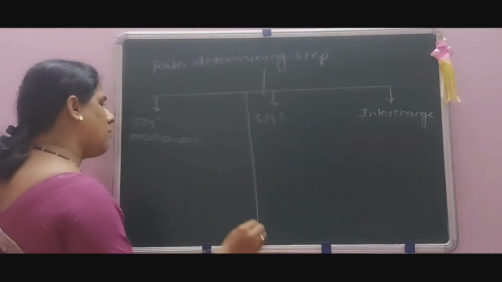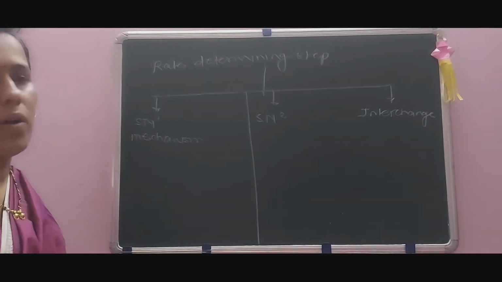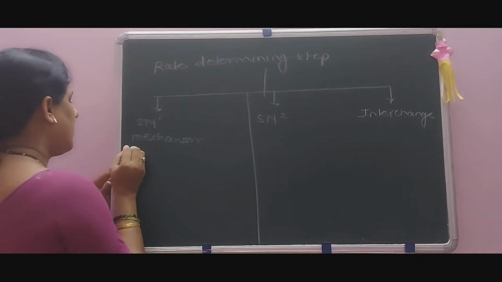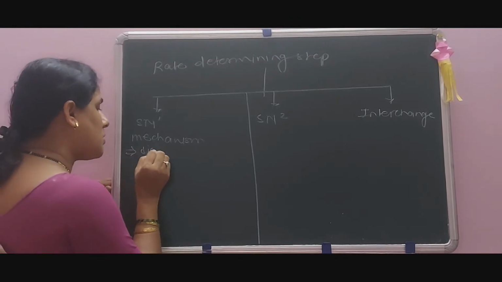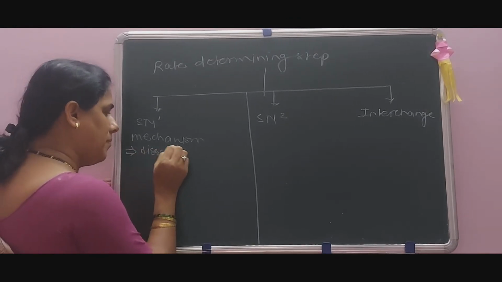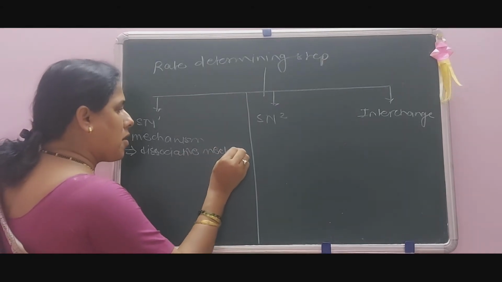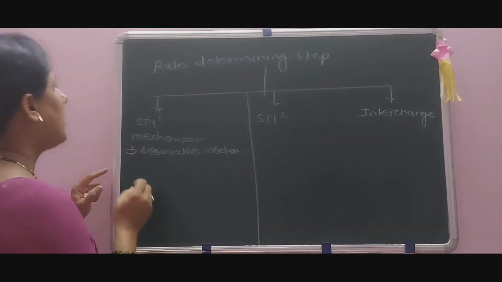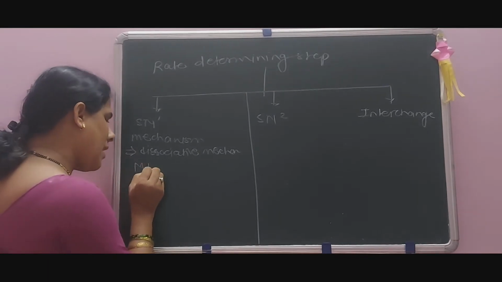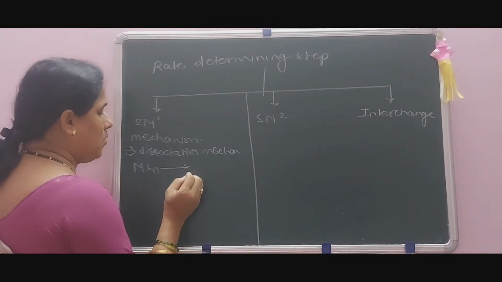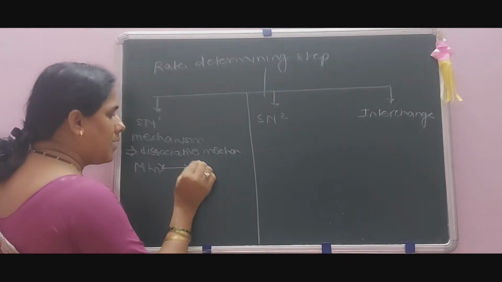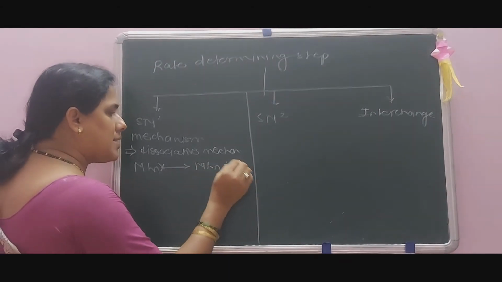First of all, we will see SN1. SN1 is nothing but a dissociative mechanism. For that, M ln X gives rise to M ln plus X.